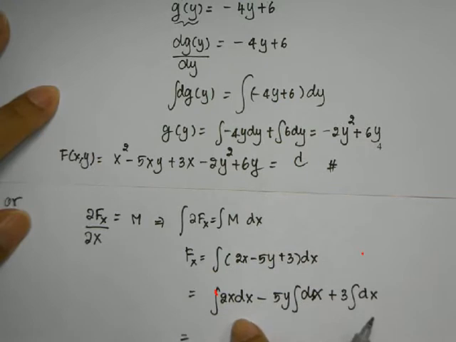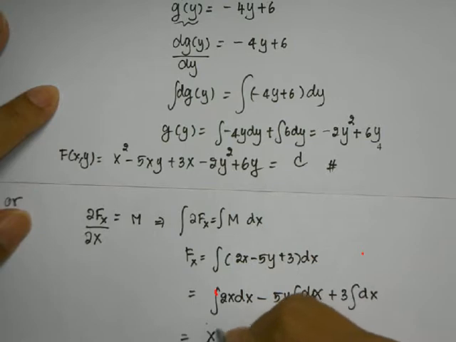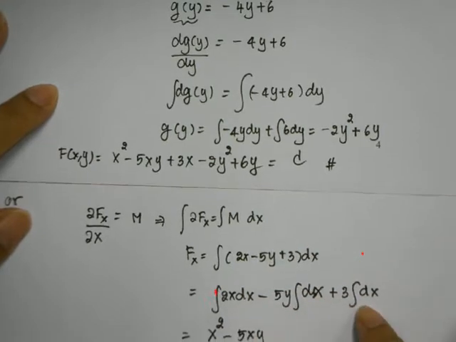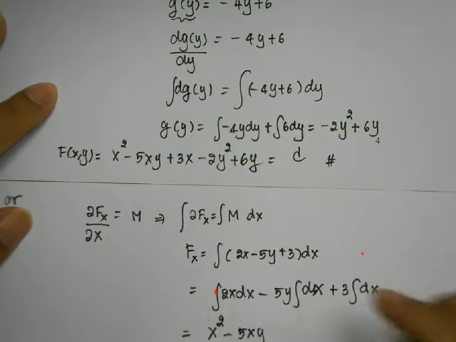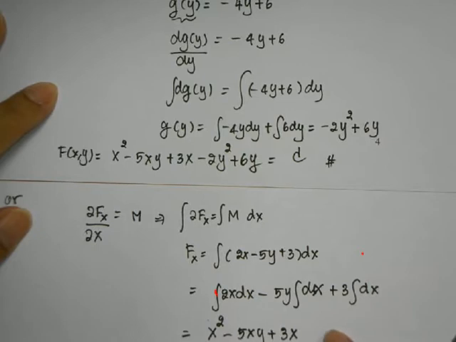The first term, what you get? x squared. The second term, minus 5xy. And the third term is plus 3x. When I do it this way, I will not put g(y), because I know that if I do integral again, I would get g(y) from the other function. So that's why doing this technique, you don't need to put g(y) there.